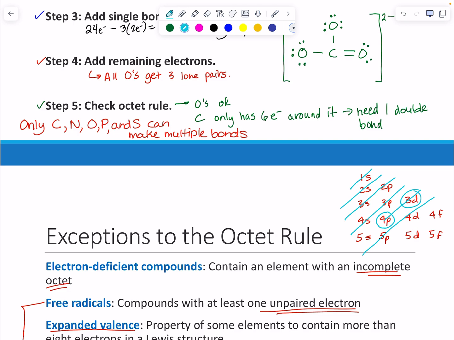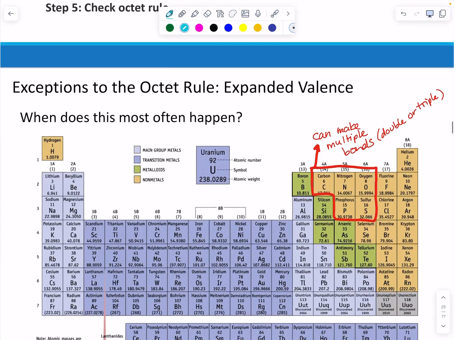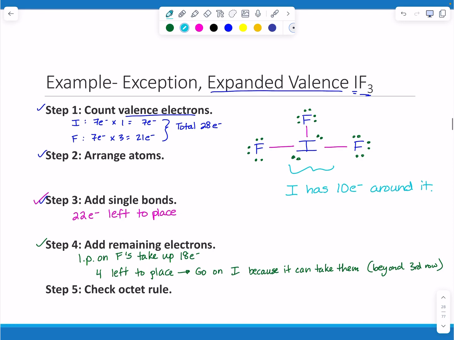But again, there are going to be some 6s orbitals that are going to fill before the 4f orbitals, and so it's got these extra orbitals around it that can accommodate those electrons. So again, it's beyond the 3rd row.